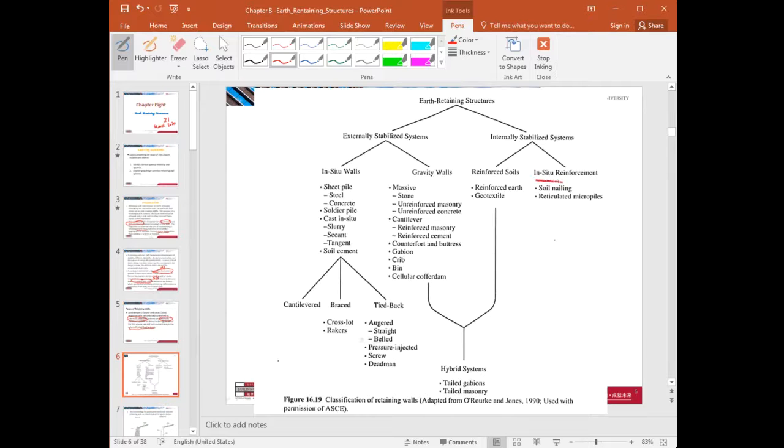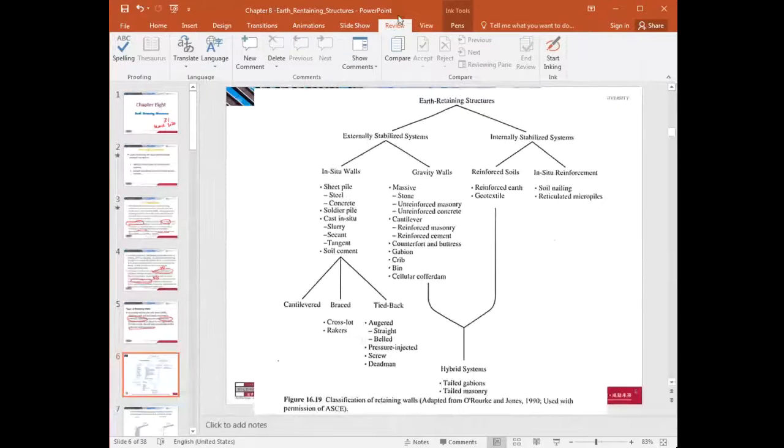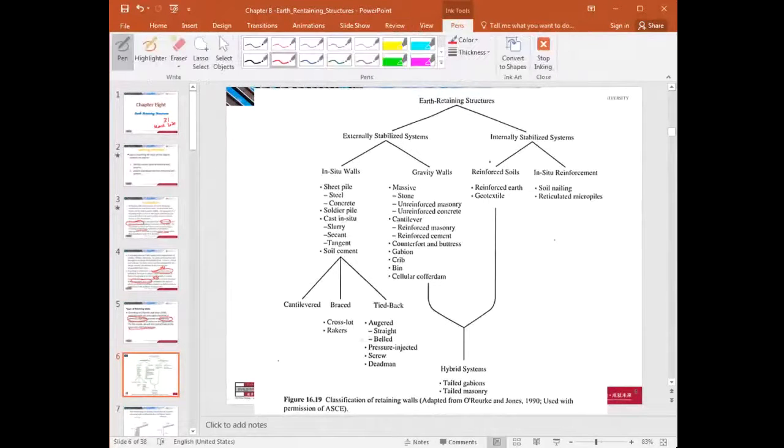In this system, the soil will be reinforced like concrete.